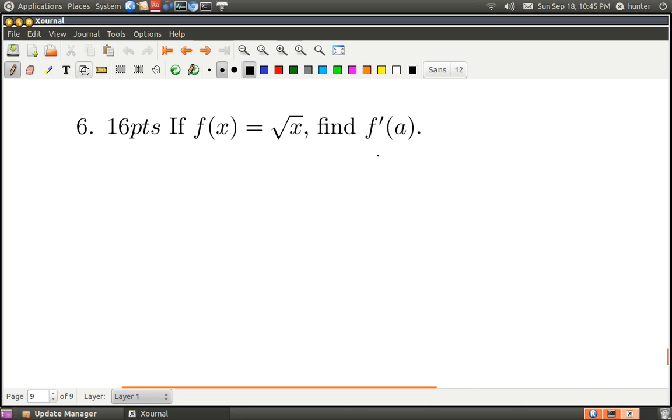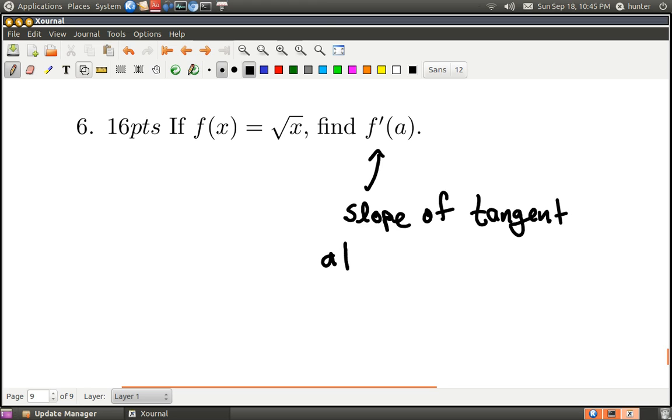What it means is this is just the slope of the tangent line at the point a comma f of a on the curve. Okay, so can you understand what I mean?